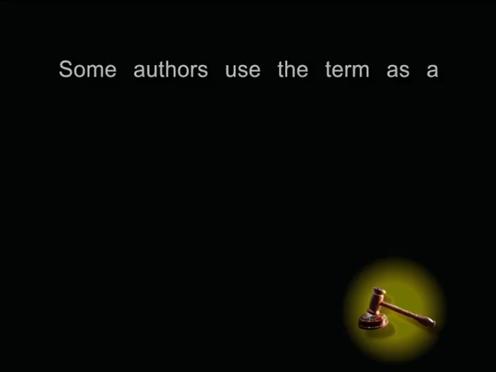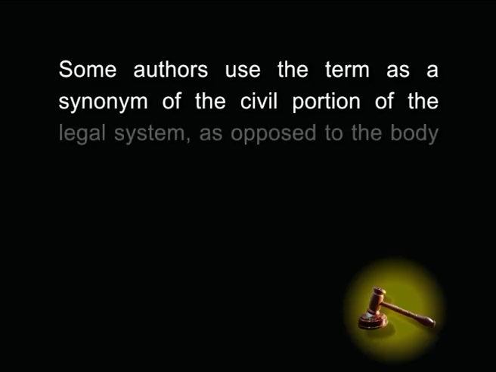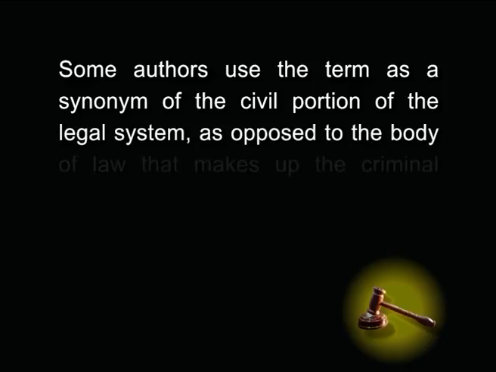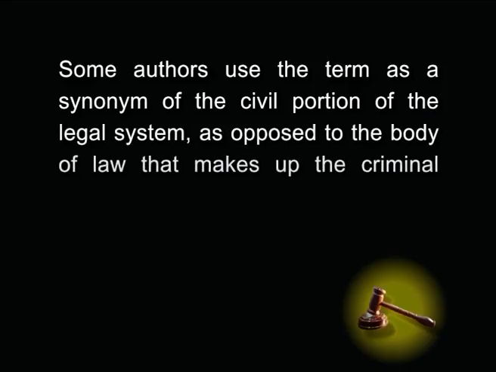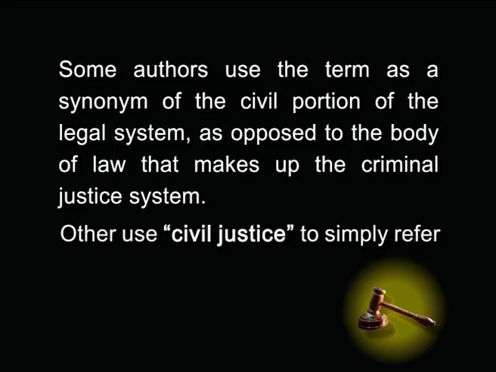Some authors use the term as a synonym of the civil portion of the legal system as opposed to the body of law that makes up the criminal justice system. Others use civil justice to simply refer to civil litigation.